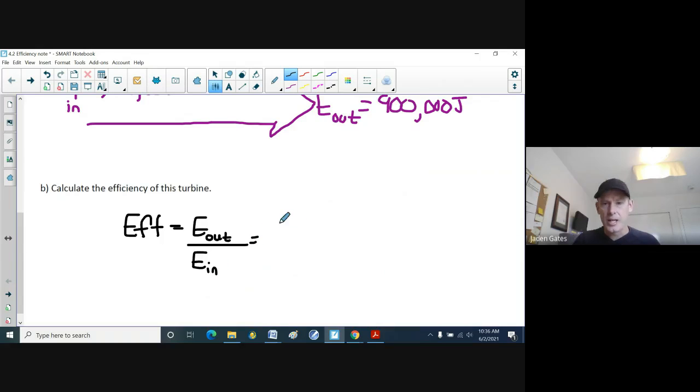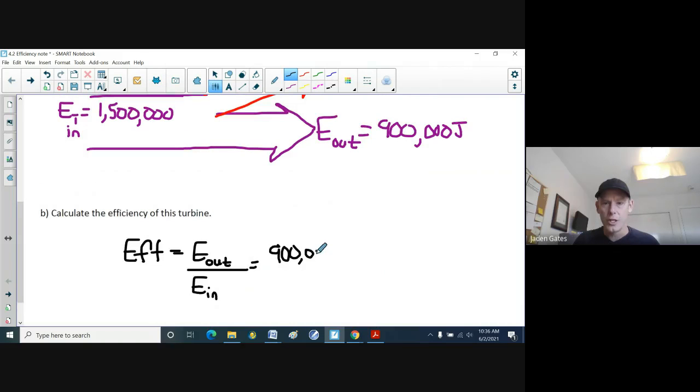In this case, the output, as I have in the diagram, was 900,000 joules of energy, divided by the amount that's in, which is 1,500,000.